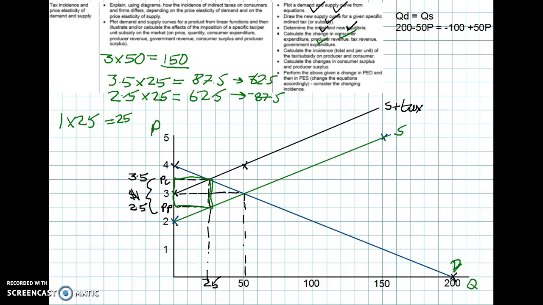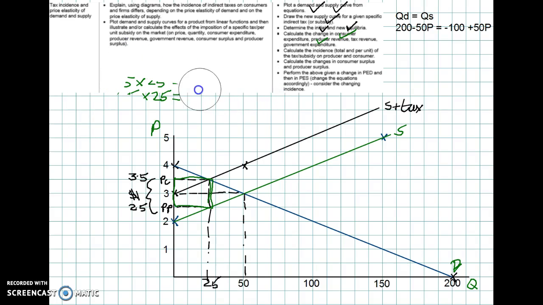So the next thing then, let me take away all of this, because we're going to move to the next point. Okay, so let me get the pen back on. So we've worked out tax revenue. So now we have to work out the incidence of tax. So this is where we're talking about total or per unit. Per unit, dead simple. All we have to do is look here.